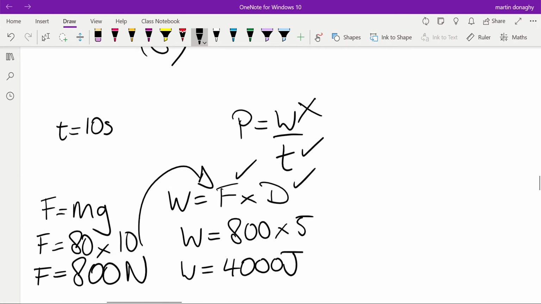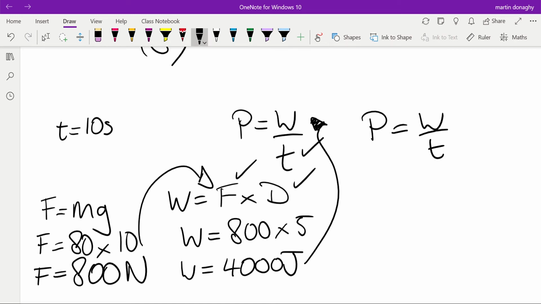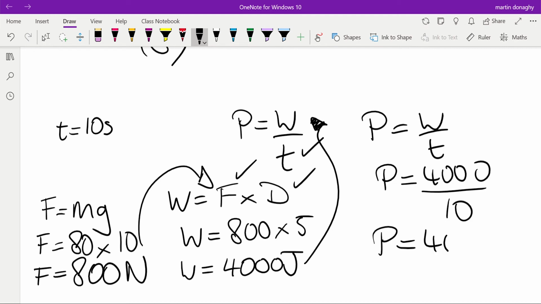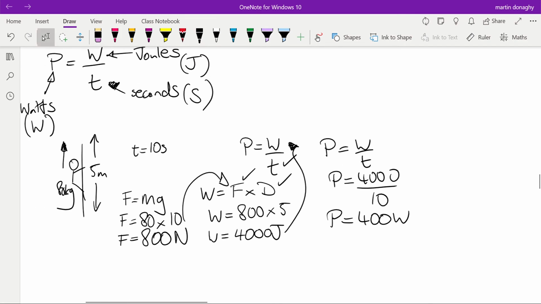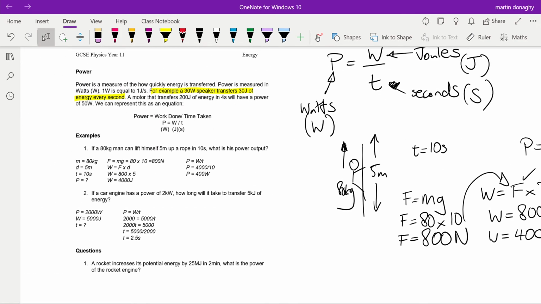And they do that in 10 seconds, so we can put this into the equation: power is work done divided by time. Power is 4,000 divided by time, 10, so the power is 400 watts. Okay? So you can see there, sometimes we have to use other equations to work out the inputs for our power equation, and quite often we're using work done equals force times distance.